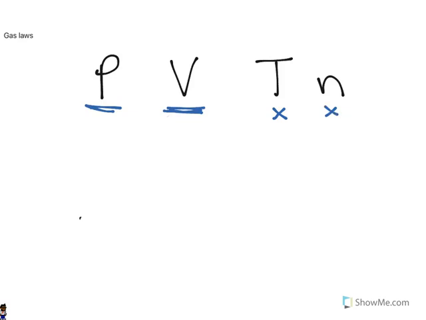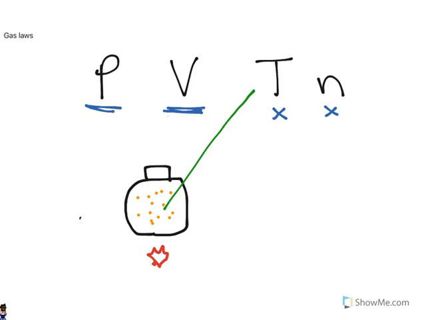So just a quick example, let's say you have that little helium tank. So inside you have a bunch of helium atoms. If you were to heat up this tank, generally what would happen is the temperature inside of this tank would increase. So we know that temperature would change.